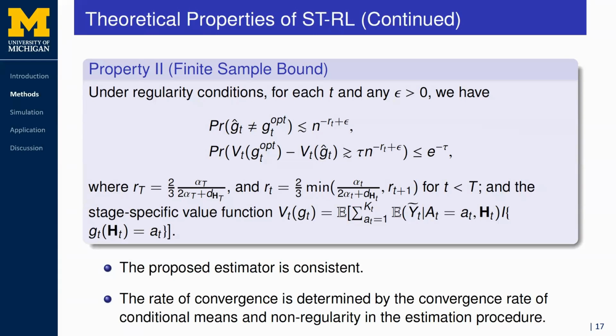These results show that your proposed estimator is pretty consistent. However, the rate of convergence is determined by the convergence rate of the conditional mean. And also, when you have multiple treatment stages, there is a potential issue of non-regularity, so this also depends on the non-regularity degree in the estimating procedure.